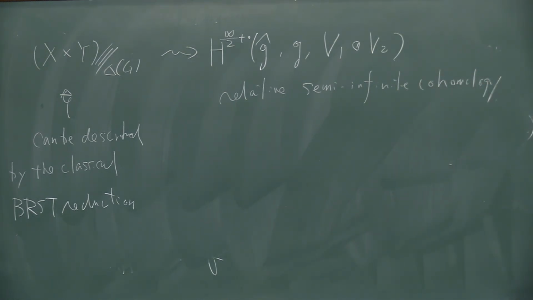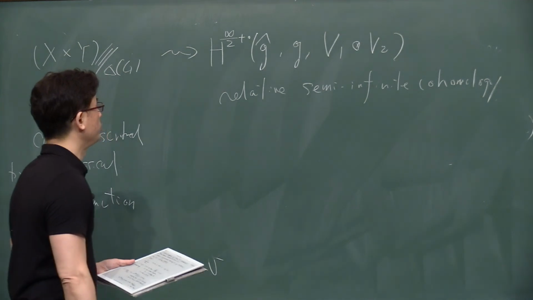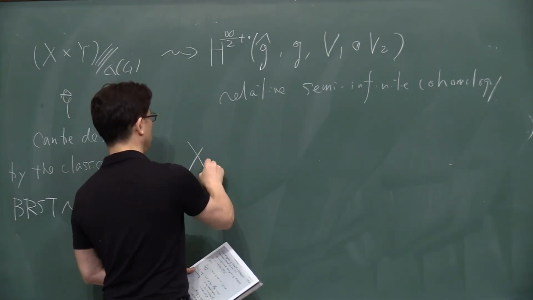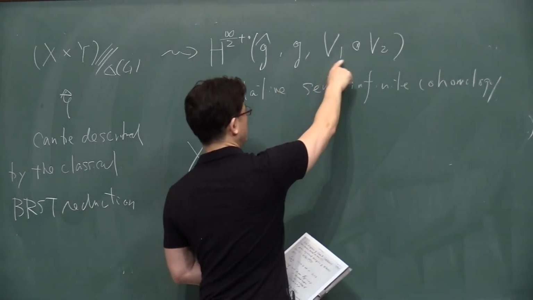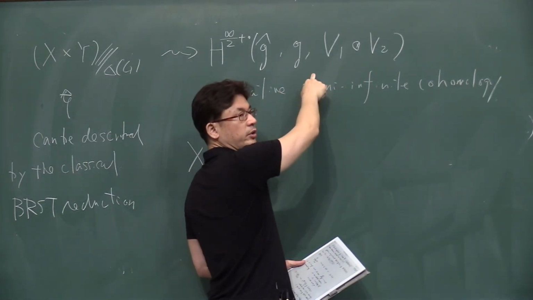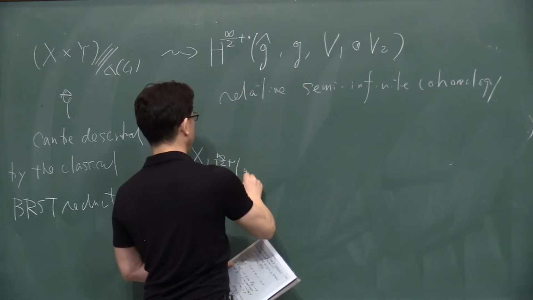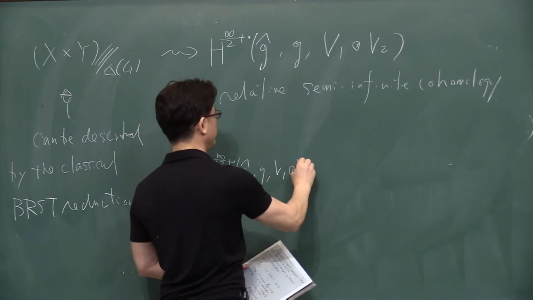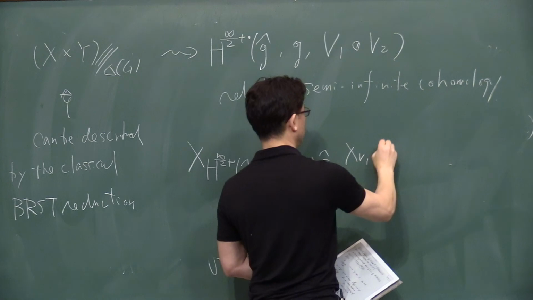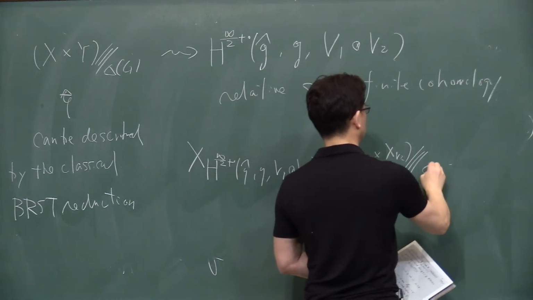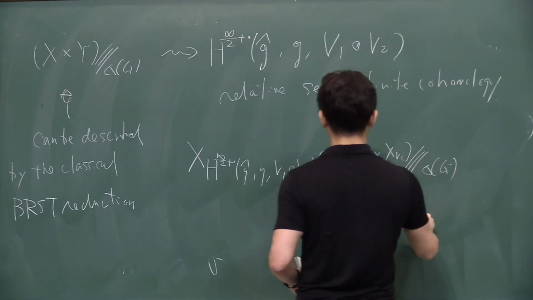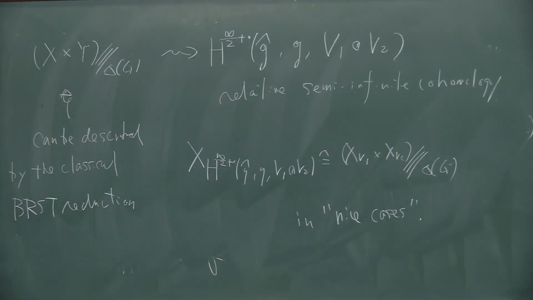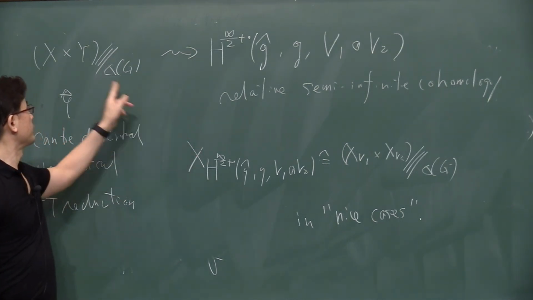This is a special case of BRST cohomology. This is the right thing to do, because if V1 and V2 are VOAs, this is also a vertex operator algebra. So you can take the corresponding associated variety, and you can show that this is the same as the symplectic reduction, not always, but in nice cases. So this operation recovers the symplectic reduction.